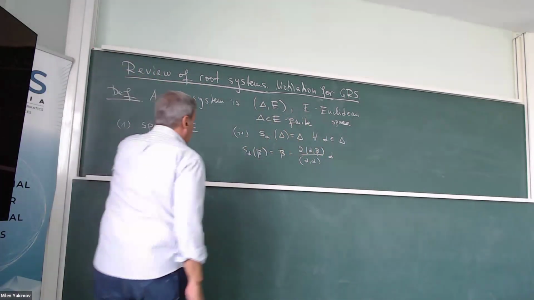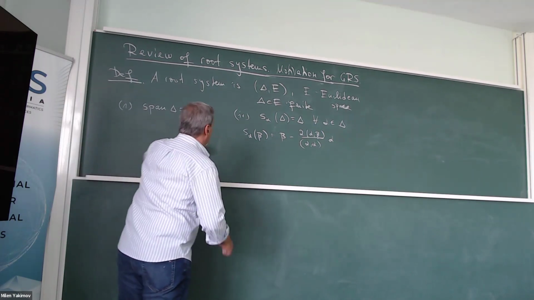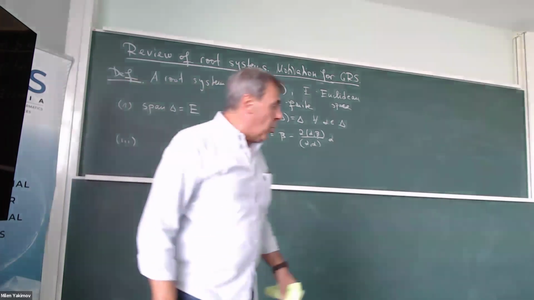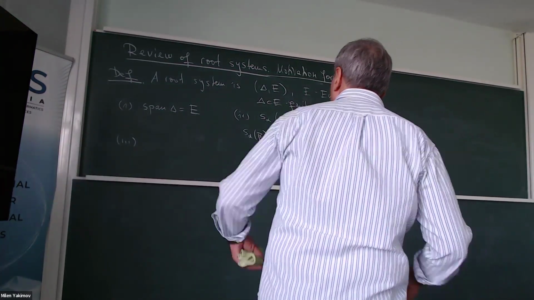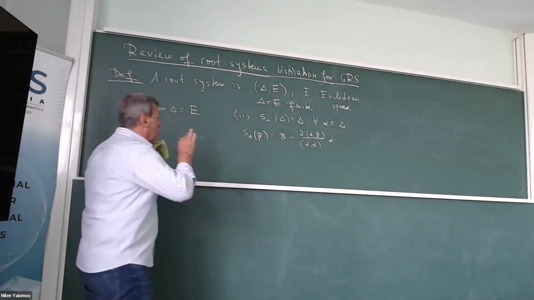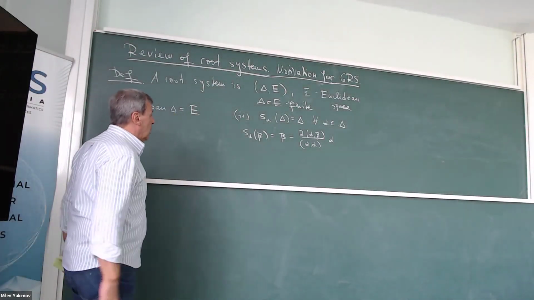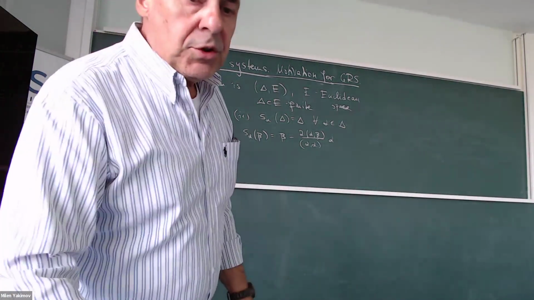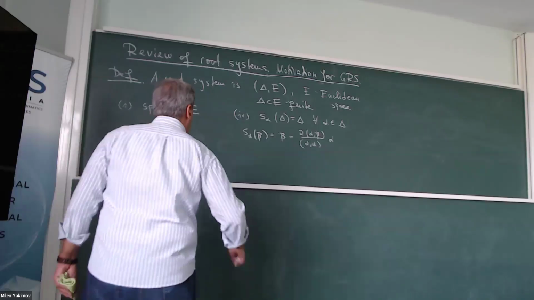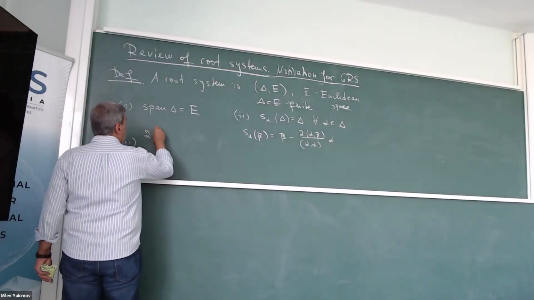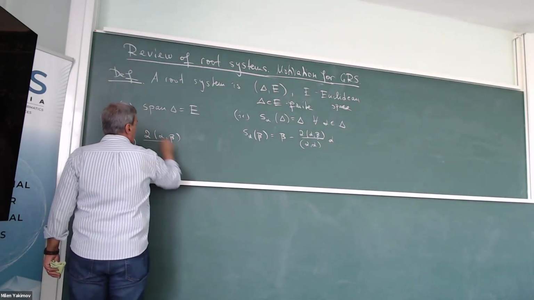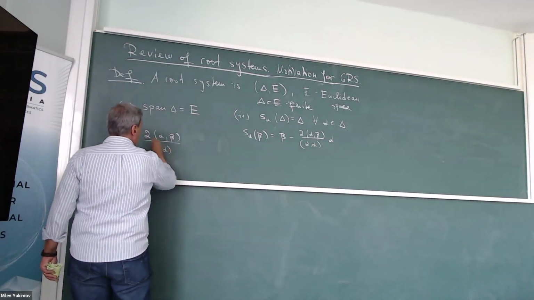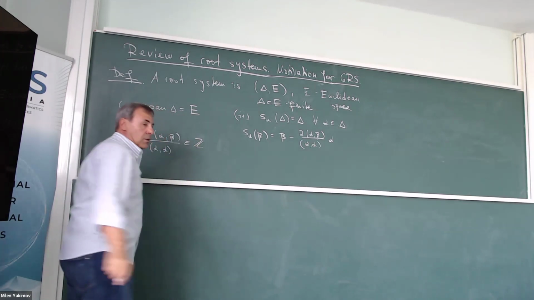The third axiom is the most unnatural somehow, the one that requires the most explanation. It comes from the origins of root systems, in which the coefficients that appear here in the reflection must all be integers.